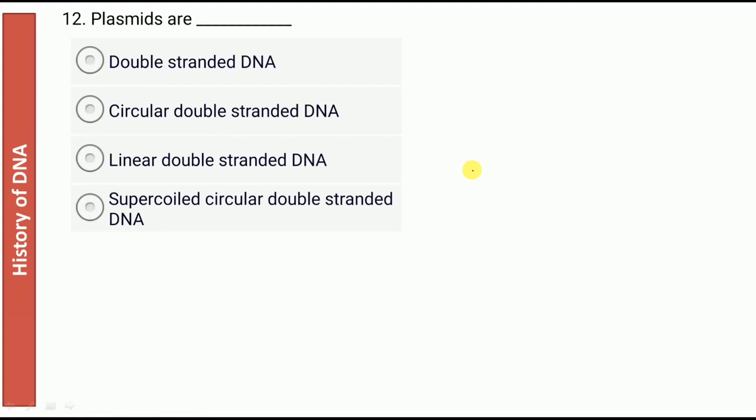Next, now a question about plasmids. You have to select the correct option about them. After reading all the options, the correct option I find is that it's circular double-stranded DNA. It's option B. It's not linear, supercoiled, double-stranded DNA.